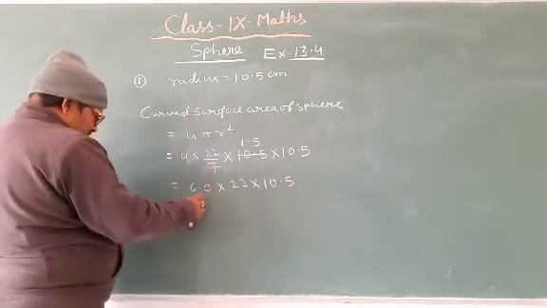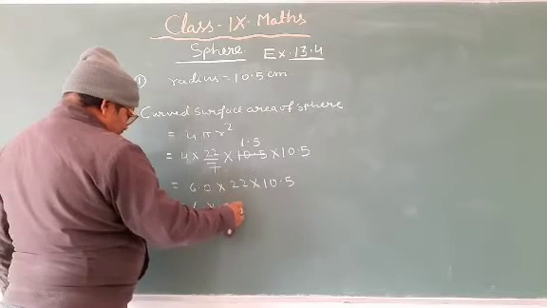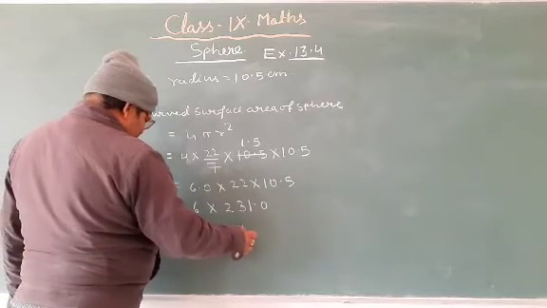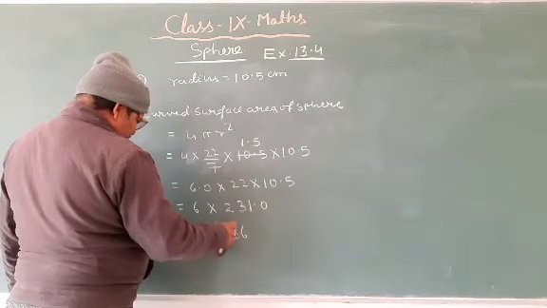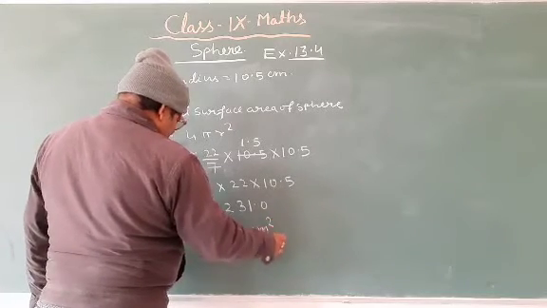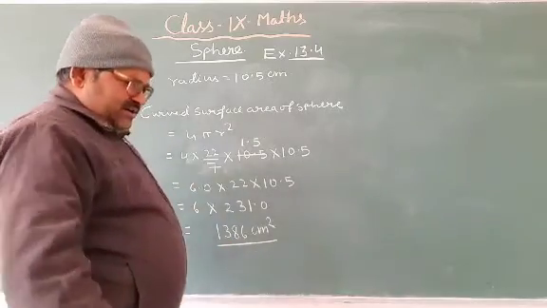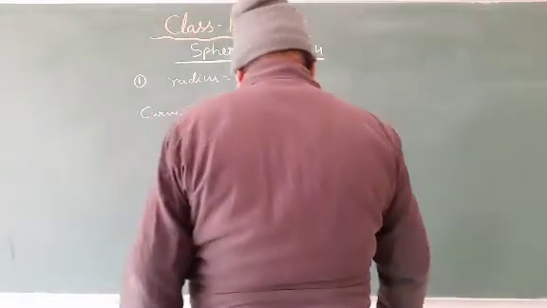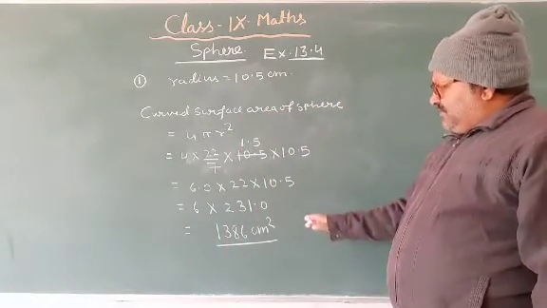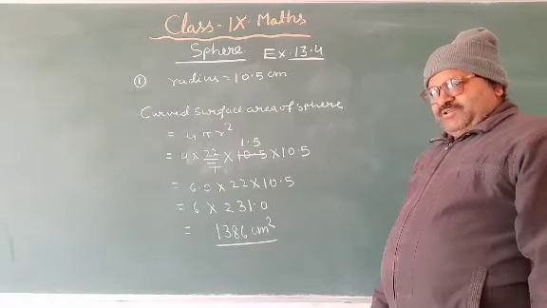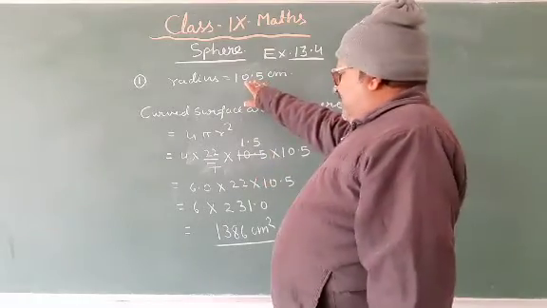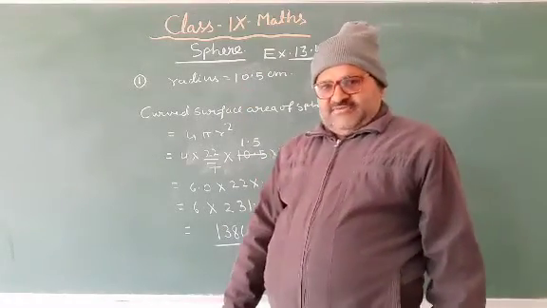So 6 multiplied by 231.0 is equal to 1386 centimeter square. 1386 centimeter square is the curved surface area of a sphere when the radius is 10.5 centimeter.